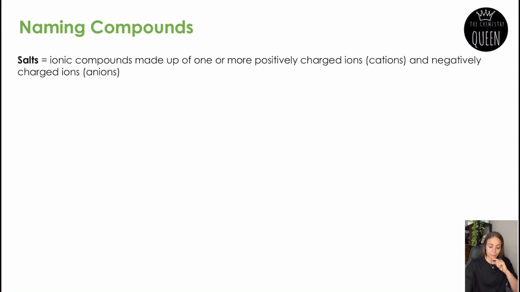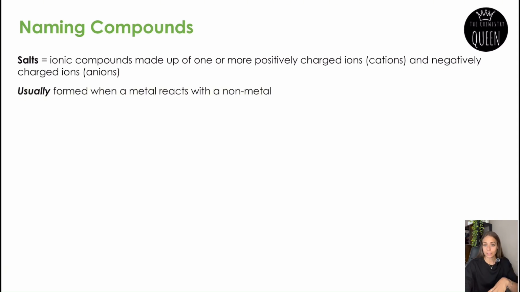Now, they are usually formed when a metal reacts with a non-metal. That's not always the case. There are exceptions to that. However, 90% of the time, if you have a metal forming a compound with a non-metal, it's very likely to be a salt or an ionic compound.